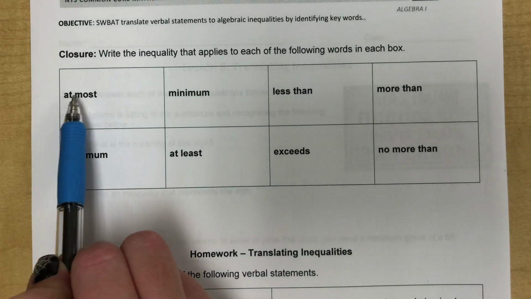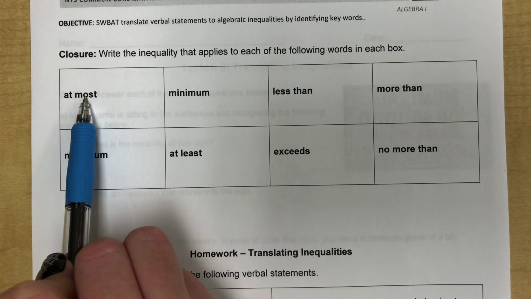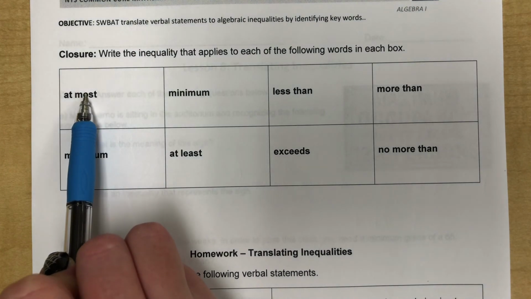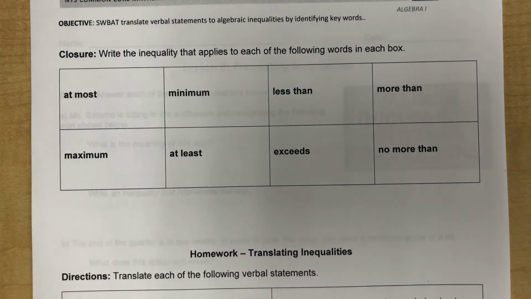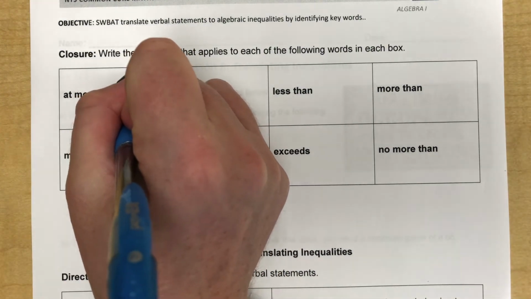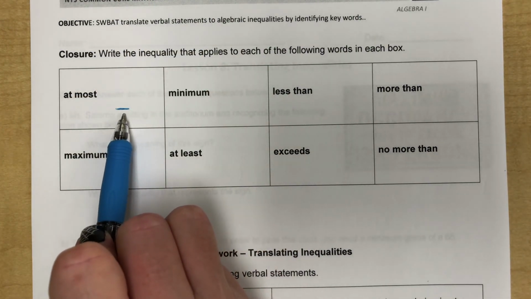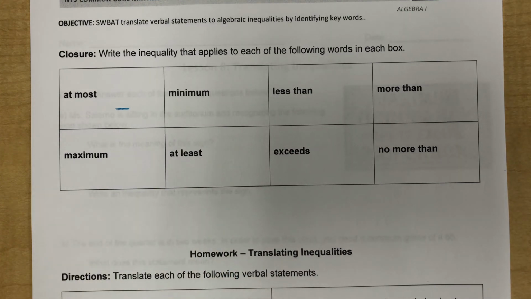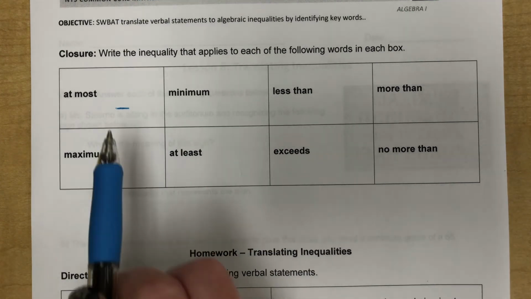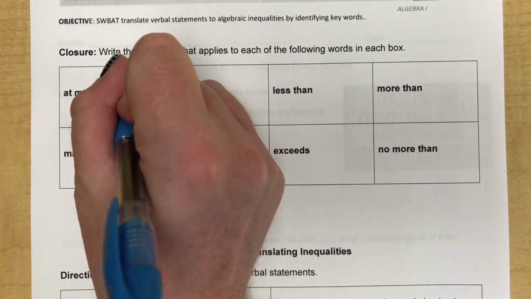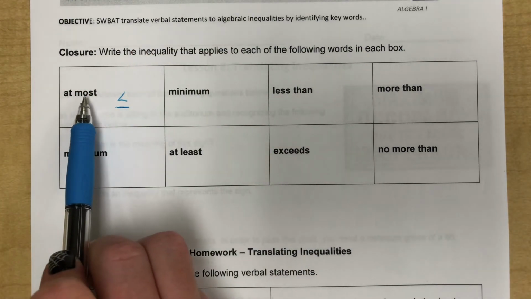So when it says "at most," you wanna think of the opposite, okay? The most I can have is $100. So I can have $100. I'm gonna use the inequality symbol with the equal, but the most I can have is 100. So I can have 100 or I could have less than 100 because 100 is the most.